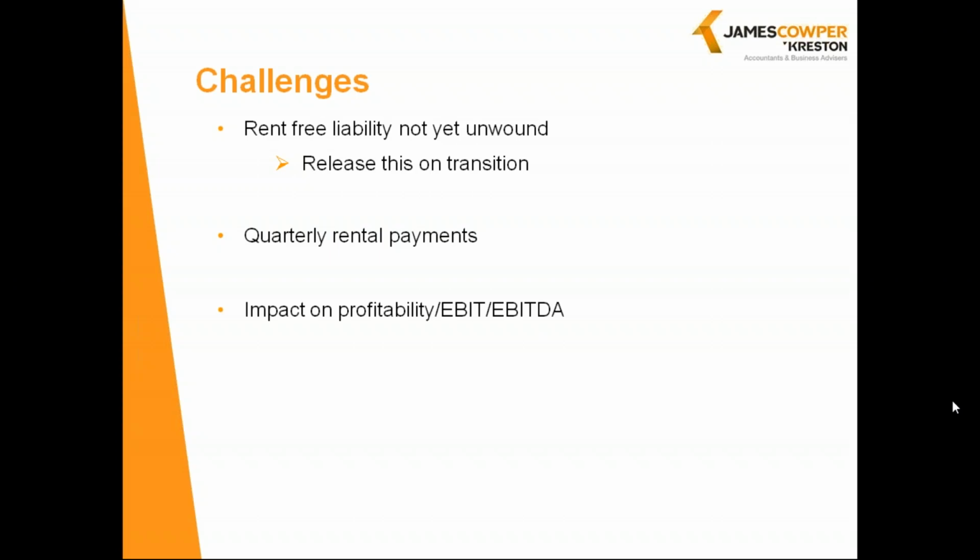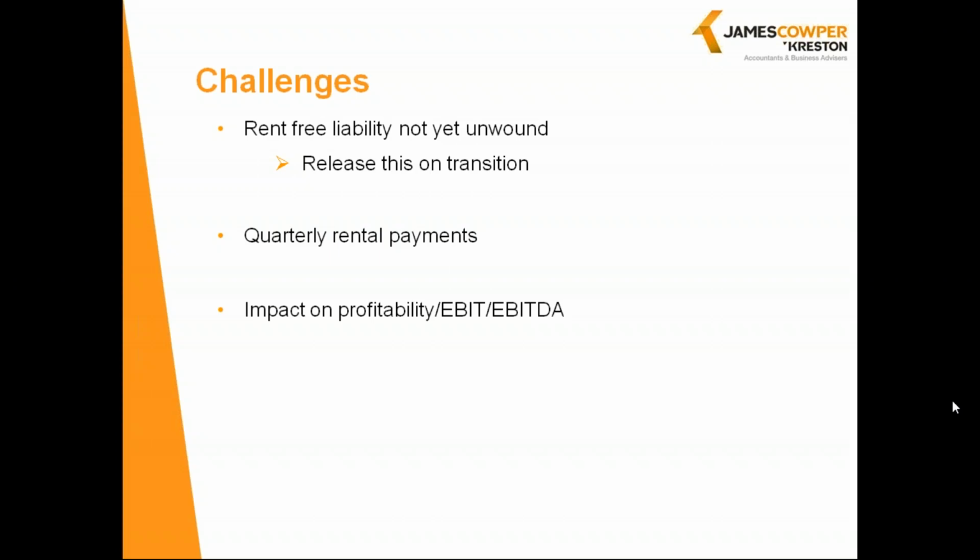Okay, so Catherine there picked up on a couple of very specific challenges. We think there are also some slightly more pervasive and broad challenges thrown out by this. We've talked before that this is likely to have a slight negative impact on profits in the short term, but it's going to have much bigger impacts on measures that are commonly used in the market, like EBIT and EBITDA, because we now have an interest charge coming out of property leases, for example, that never would previously have had an interest charge.